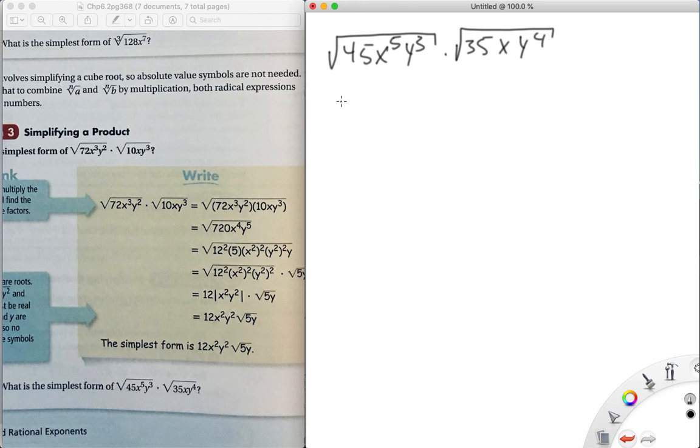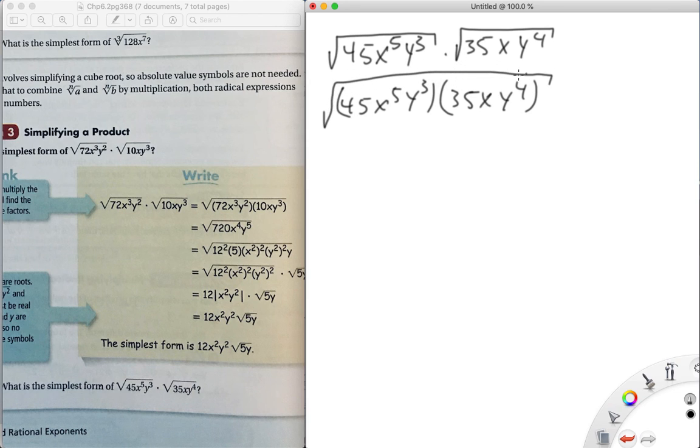So we're going to multiply 45 x to the 5 y to the 3 times 35 x y to the 4th, and all that square rooted. So numbers to numbers, same variables to same variables, so 45 times 35, x to the 5th times x to the 1, y to the 3rd times y to the 4th.